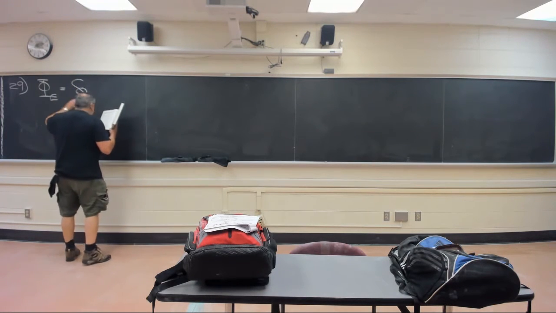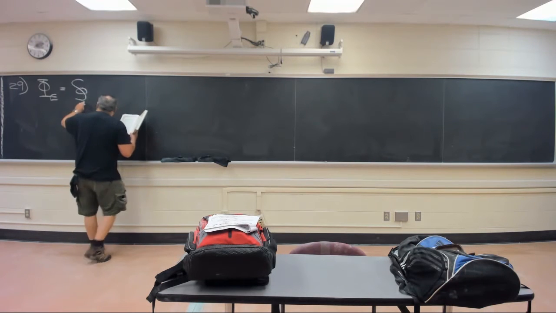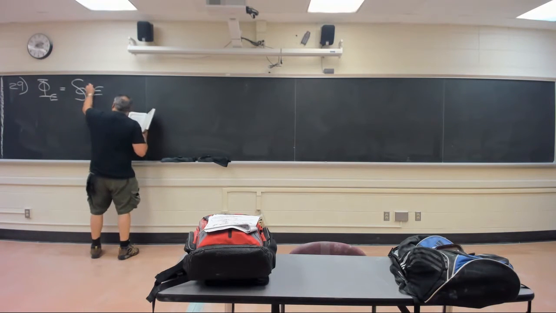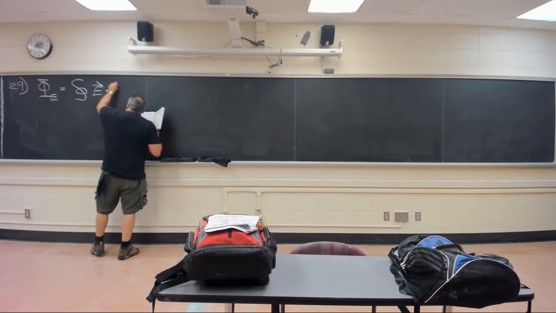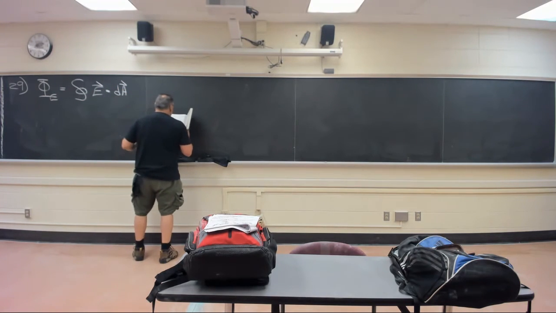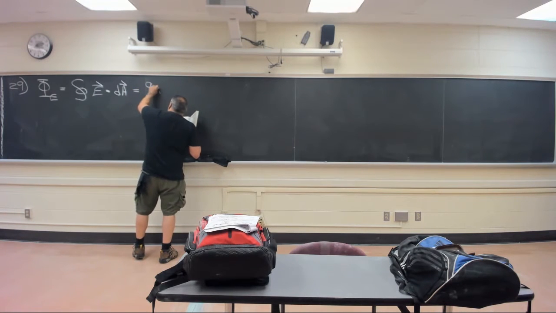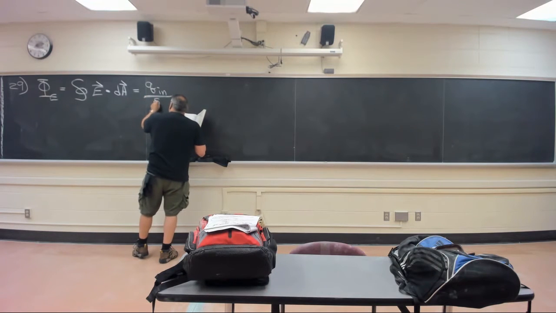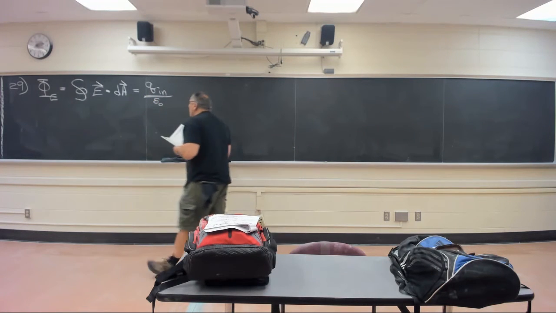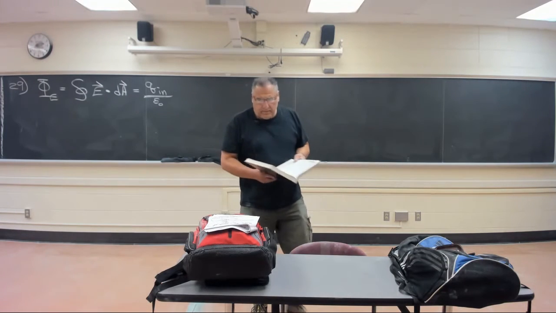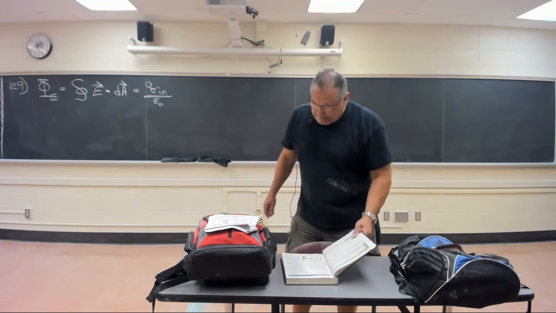The flux electric is the integral over a closed surface of everything of the form E vector dot dA vector as they have been defined, and that will give you the Q, the total net amount of charge enclosed over epsilon naught, a constant for our purposes. So that's, yeah, absolutely true.